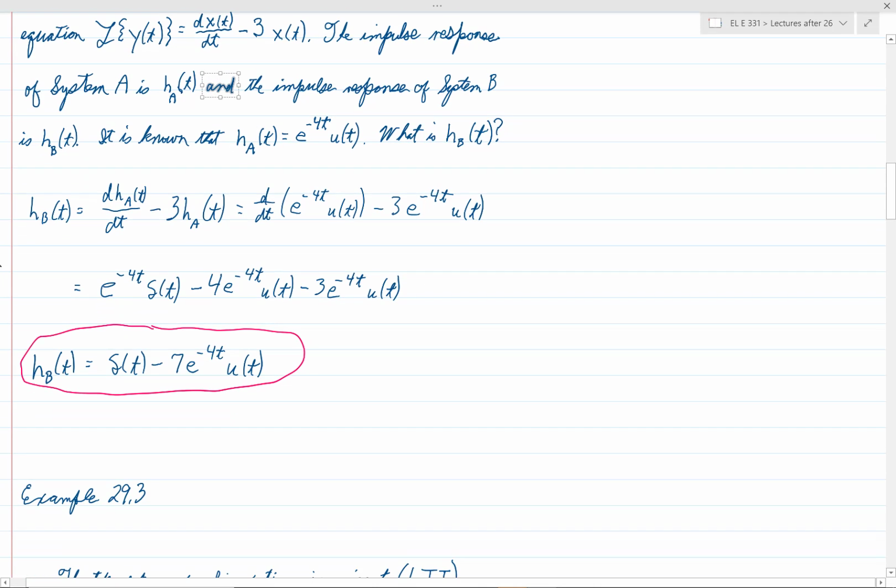Now remember, when you have a function multiplying the delta function, you can just evaluate this multiplying function at t equals 0. And so e to the minus 4t evaluated at t equals 0 is just 1. And so this first term just becomes delta of t, and then the next two terms we can combine together to get minus 7e to the minus 4t u of t.